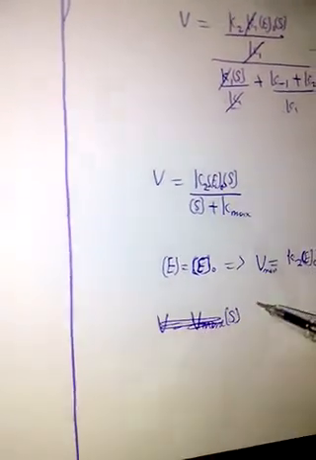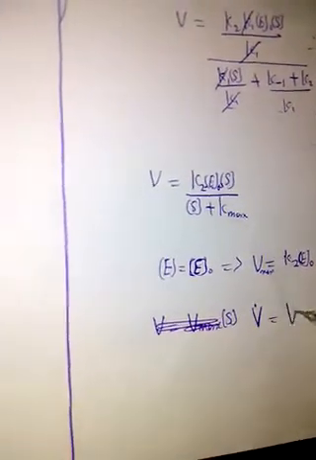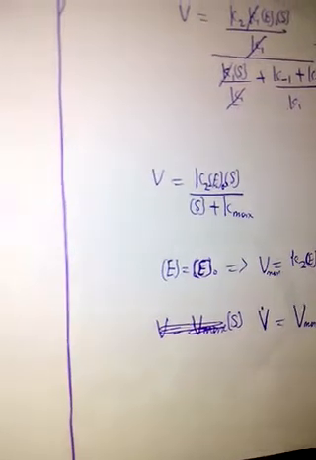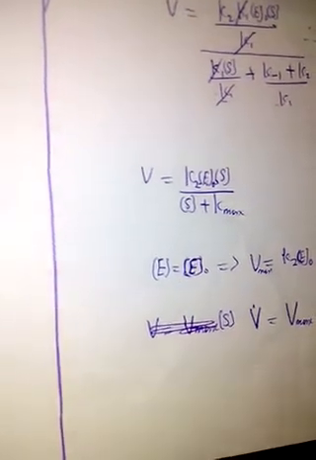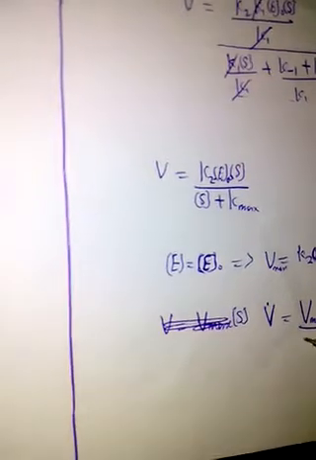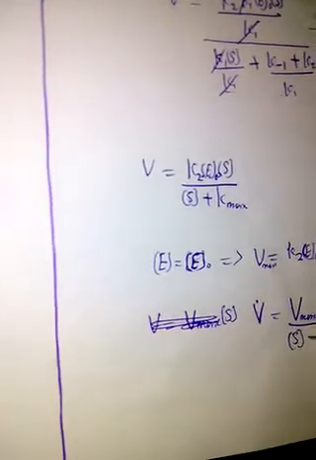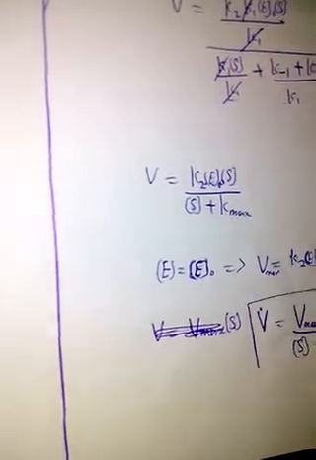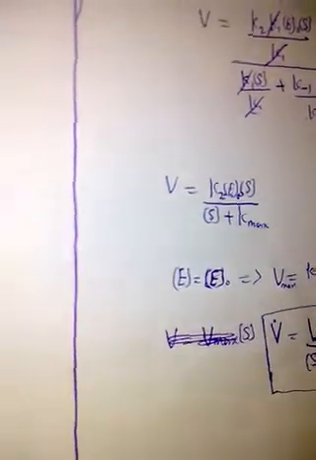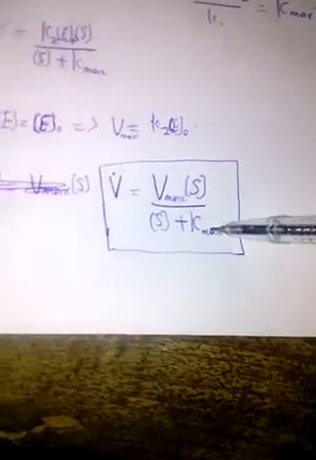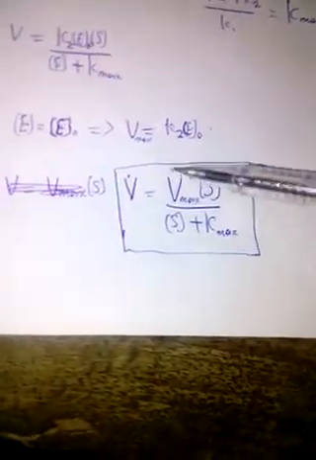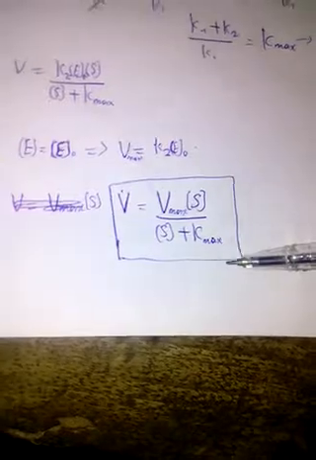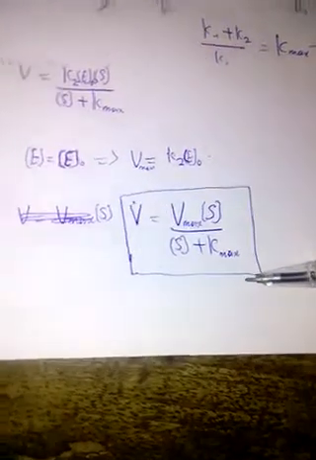Let me write it everywhere. V equals to V max S all over S plus Km, and this is called the Michaelis-Menten equation. Our Km is our Michaelis-Menten constant, so this is our Michaelis-Menten equation.